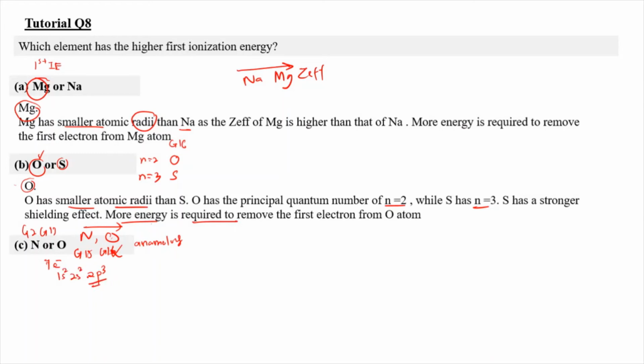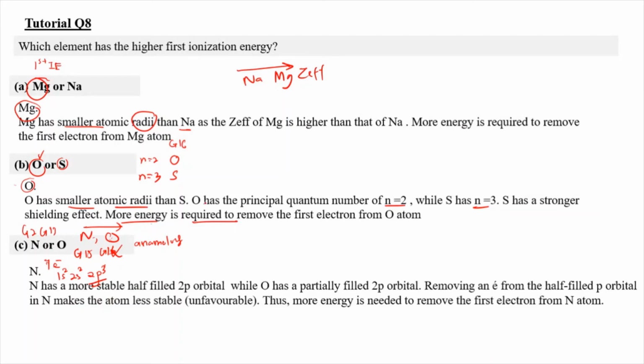The 2p3 here is a half-filled orbital, which is much more stable than the partially filled orbital of oxygen. So to remove the first electron from the 2p3 is very difficult, and it requires more energy. Hence, the first ionization energy for nitrogen is going to be higher than oxygen. So the answer is N.